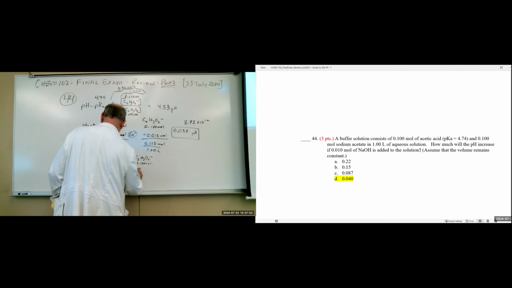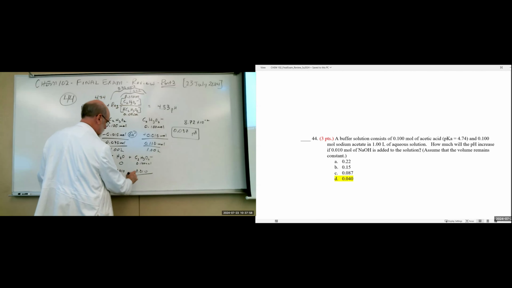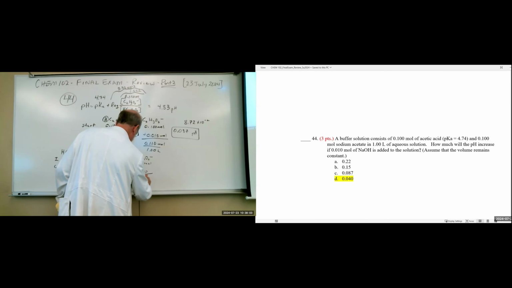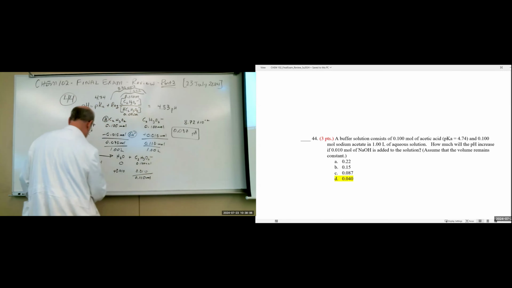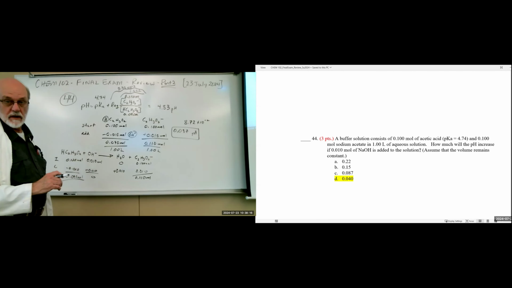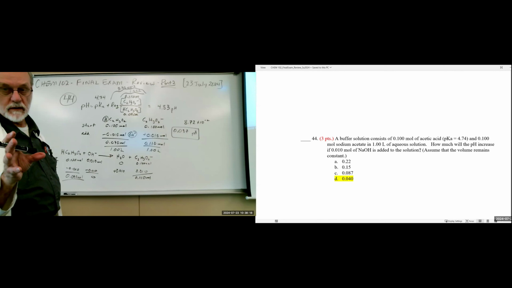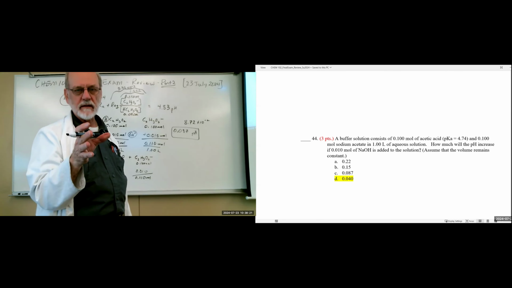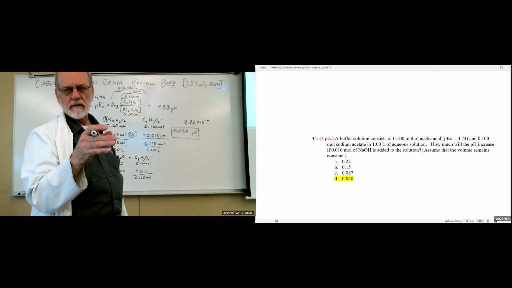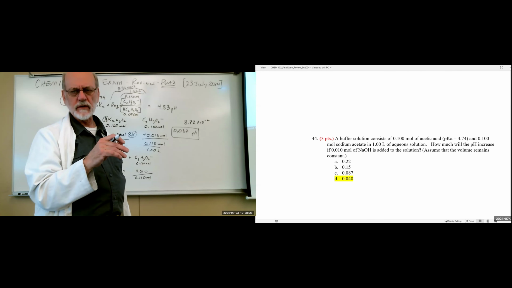So this is going to be 0.110 mole, and this is going to be 0.090 mole. And it's in 1 liter. Hold on a second. Yeah, it's a total of 1 liter of solution.